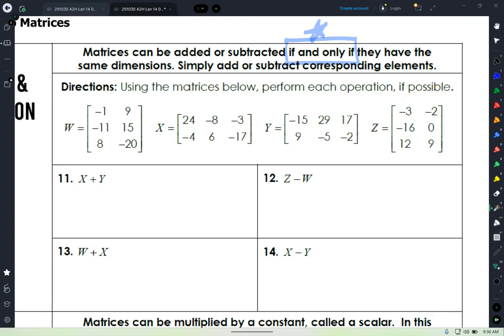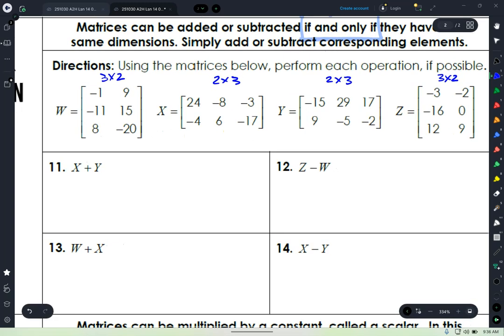So what are the dimensions of matrix W and X and Y and Z? Write those dimensions up above there. Go ahead and do that right now. All right, you ready? You should have put 3 by 2 for W, 2 by 3 for X, 2 by 3 for Y, 3 by 2 for Z. All right, let's talk about adding matrix X and Y. First off, can we do that?